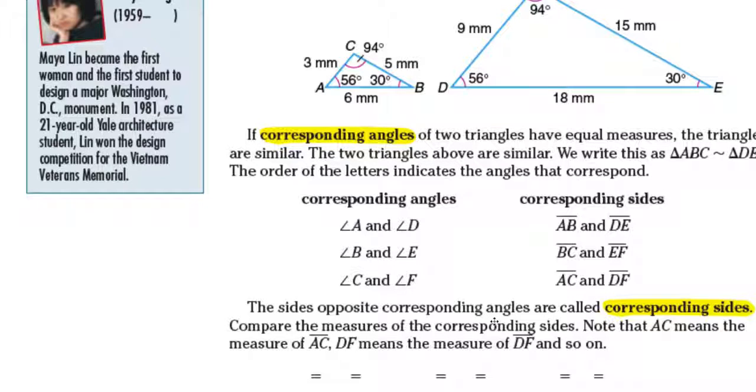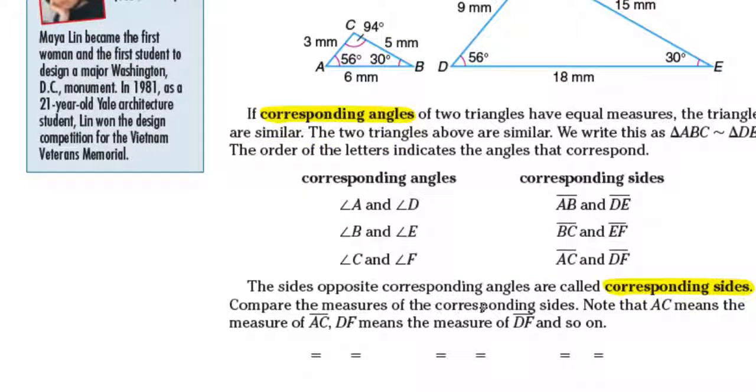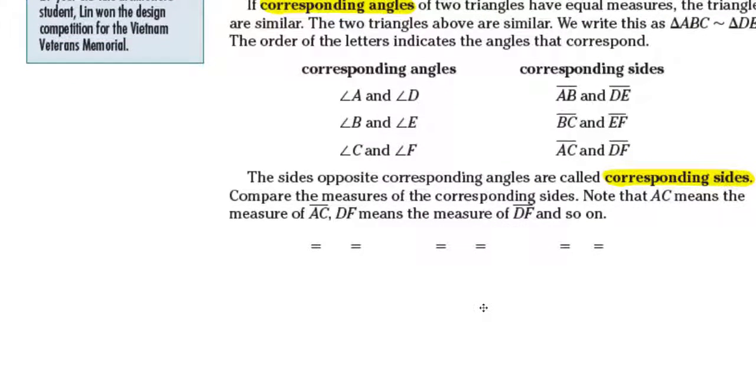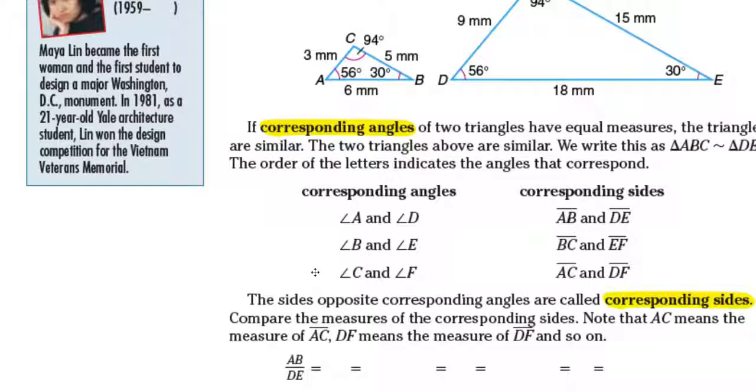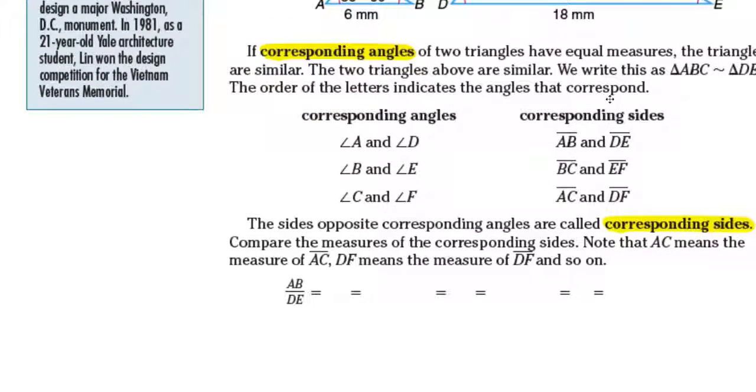When I have side AB over side DE, they're both corresponding, and we take a look at their measures.